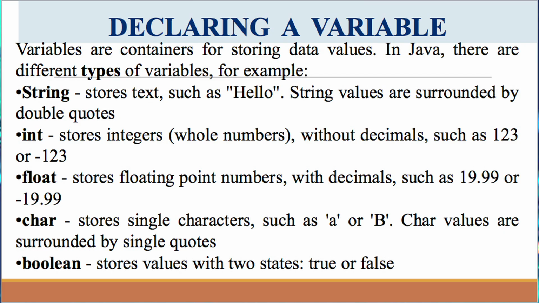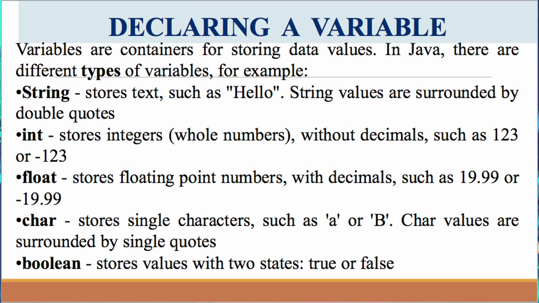In case of char, a character stores a single character, and you can see the example here. A is surrounded by single quotes, and B is also a character variable, also surrounded by single quotes. Char values are surrounded by single quotes.